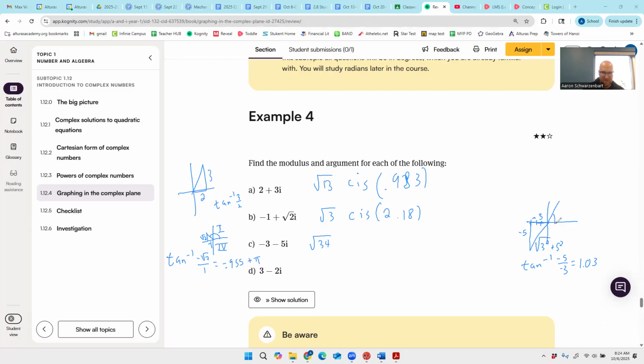But that's it over here, right? So I must add pi. And the last one would be quadrant 4. I believe this would be 9, that's square root of 13 again.